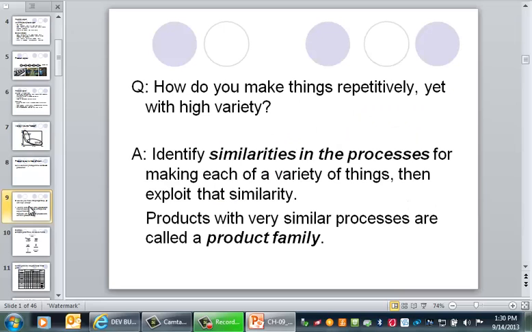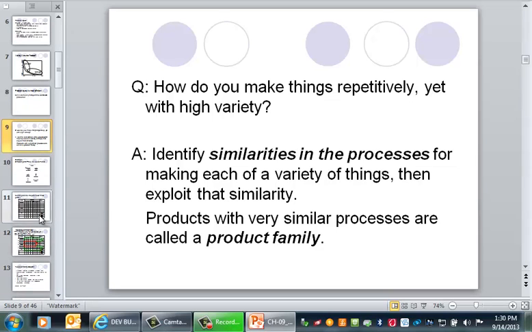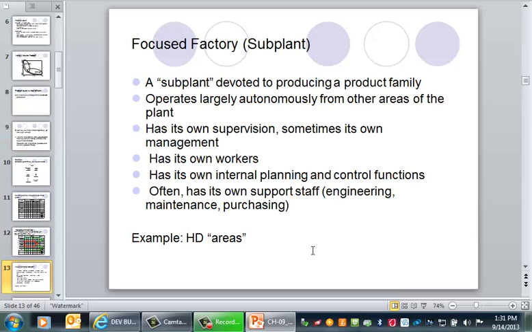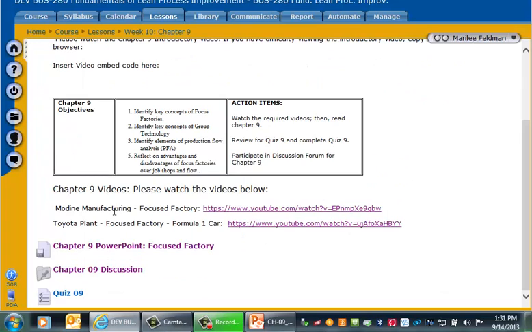We're going to start off with a focus factory, which is a subplant that's devoted to producing a product family. In the videos that go along with this, I have Modine Manufacturing's Focus Factory.